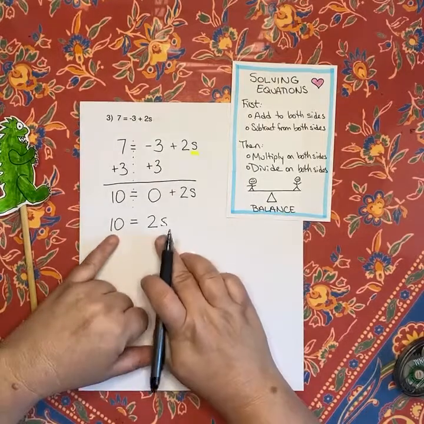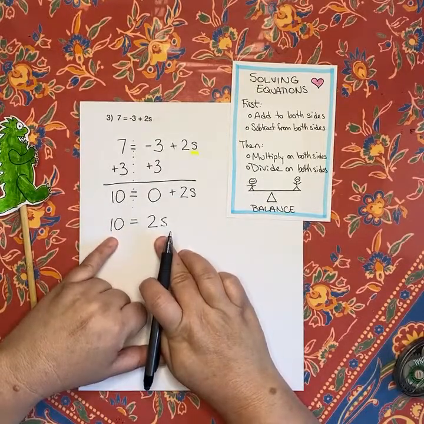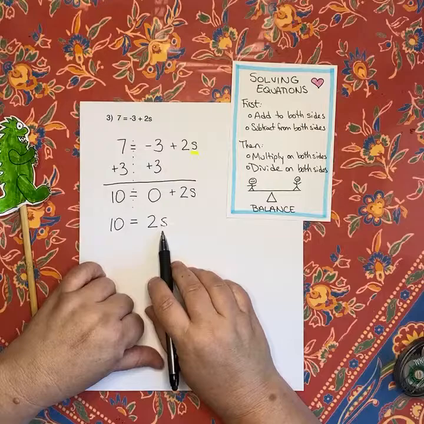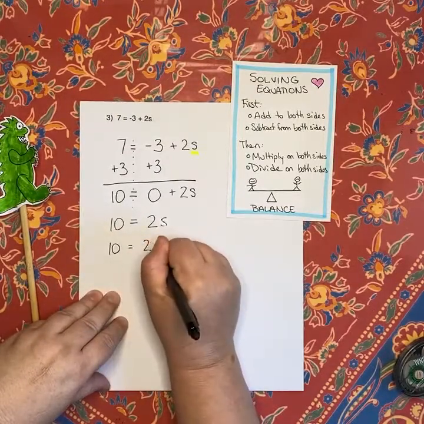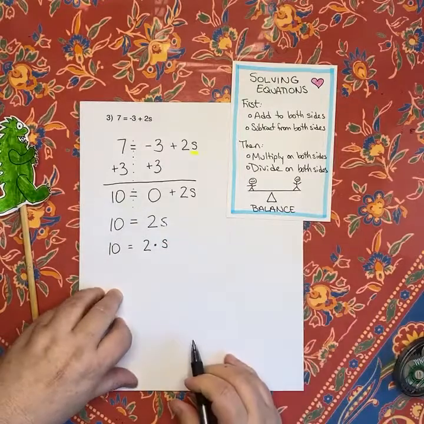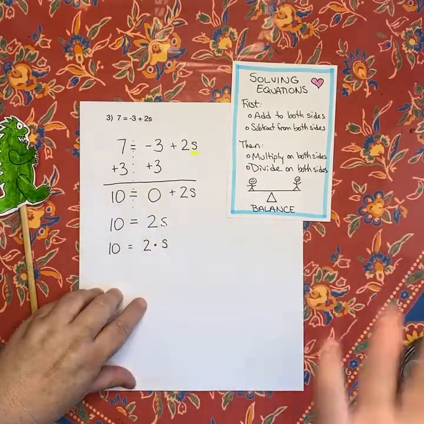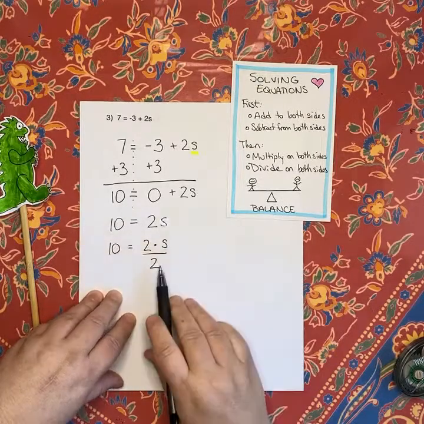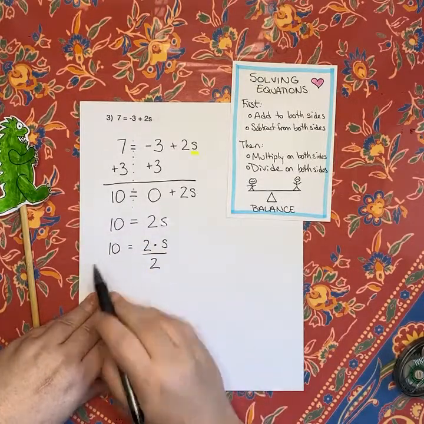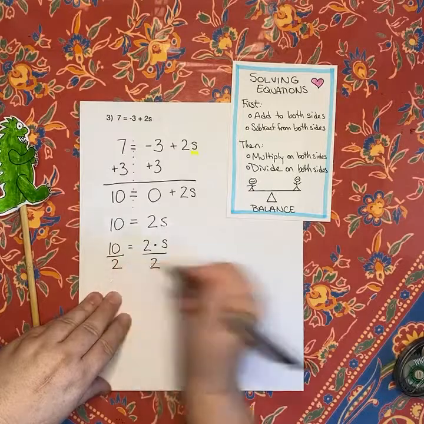So let me see. What am I going to do to both sides? I want the s by itself. It's multiplied by 2. So what am I going to do to undo that, to do the opposite thing? I'm going to divide by 2. But if I divide by 2 on the right, what do I have to do on the left? You got it. Divide by 2.